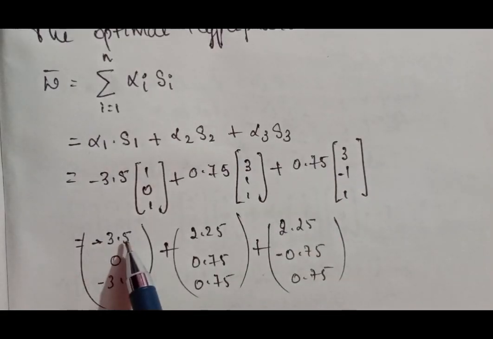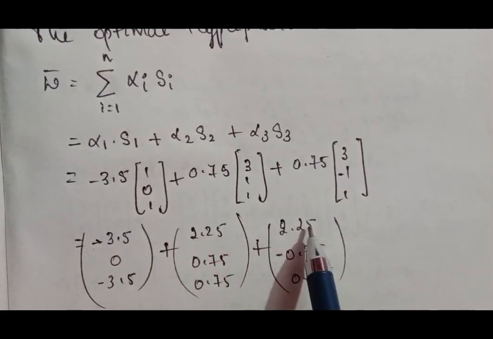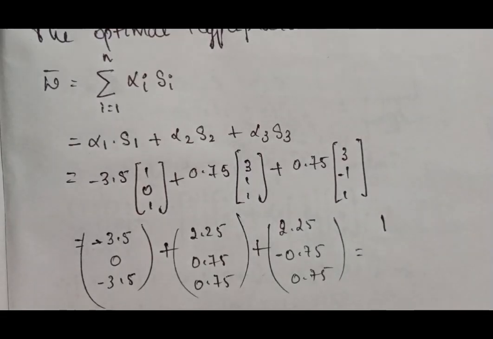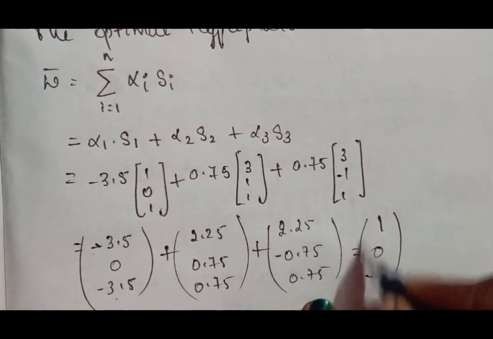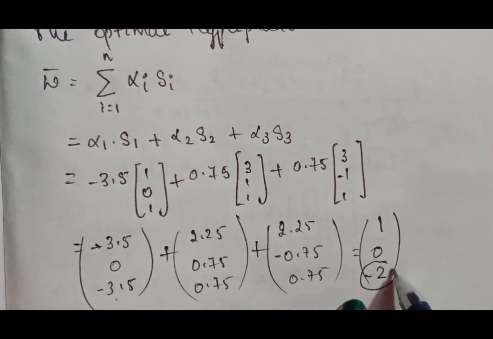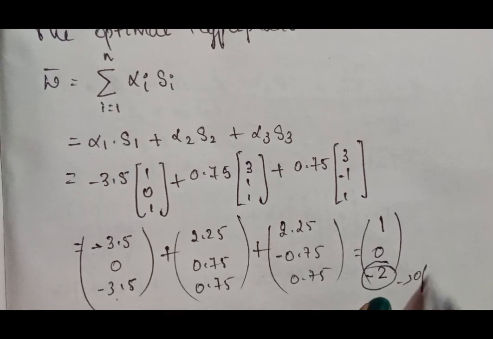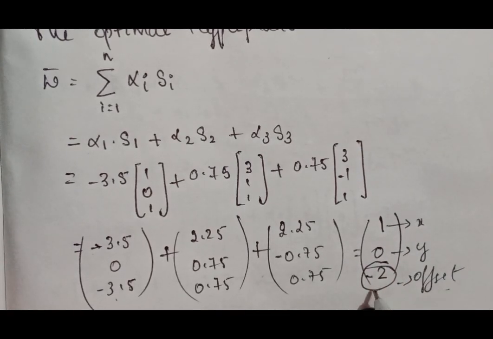Now minus 3.5 plus 2.25 plus 2.25 is nothing but 1, then 0, and minus 3.5 plus 0.75 plus 0.75 is nothing but minus 2. So here you need to consider that this belongs to x, this belongs to y, and this is the offset.